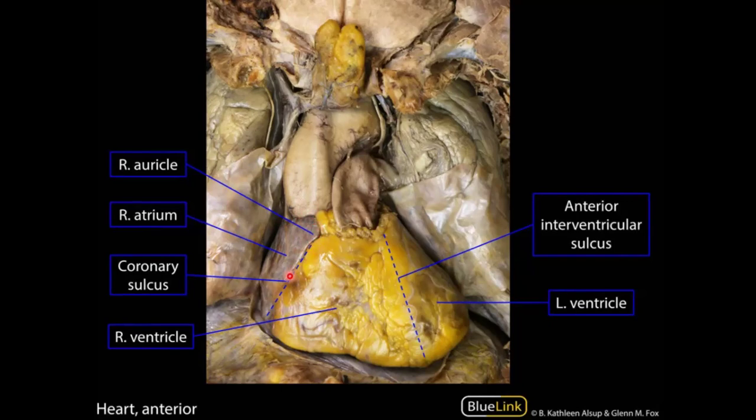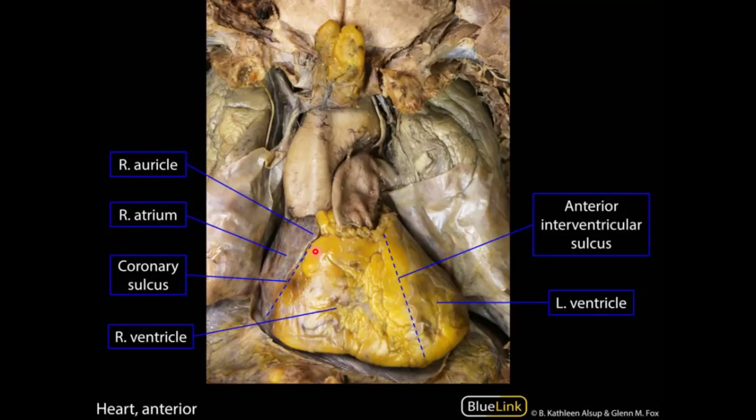So, what structures do you expect to find in the coronary sulcus? This is actually the right anterior part of the coronary sulcus. This part here will contain the right coronary artery. Okay, the right coronary artery, and then the anterior cardiac veins will be crossing that sulcus and draining into the rough part of the right atrium, or rather the right atrium proper.